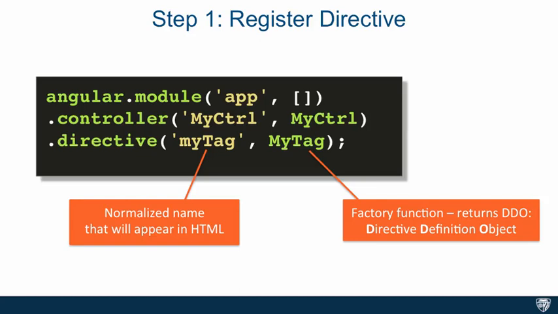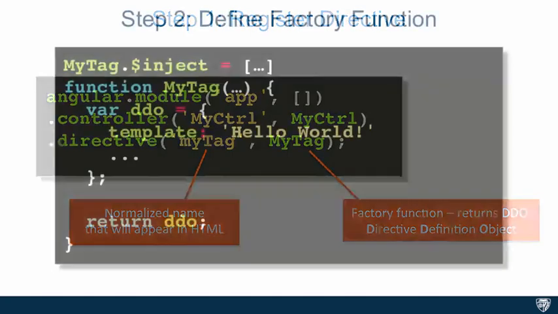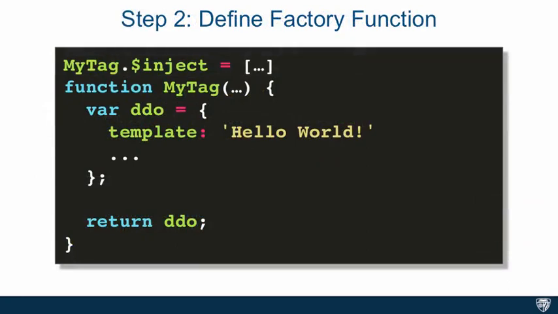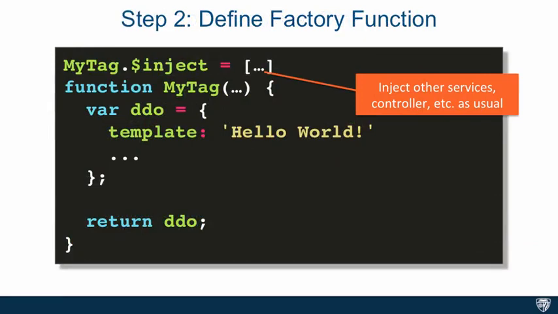The factory function, myTag in our example here, will execute only once and not every time it finds our directive mentioned in our HTML. And since it's only going to get executed once, you could use that function to perform any initializations you need, besides obviously returning this special object, the DDO, the directive definition object. The second step is to define our factory function. And note, just like a controller or service, we can inject other things into this directive. We can inject other services, controllers, etc. as usual.